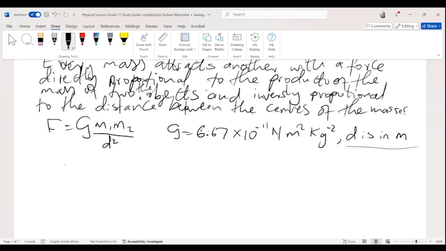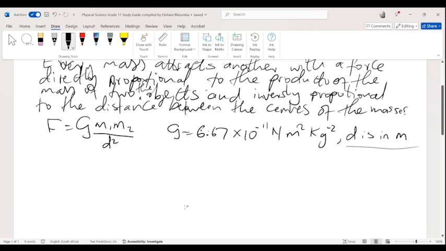Now there's often a confusion. A lot of students have come to me and asked, does that mean I'm actually attracted to the person sitting or standing next to me? The answer is yes, scientifically, yes. It is just that the force between the two of you is so small that it doesn't do anything. You won't see it, you won't feel it.